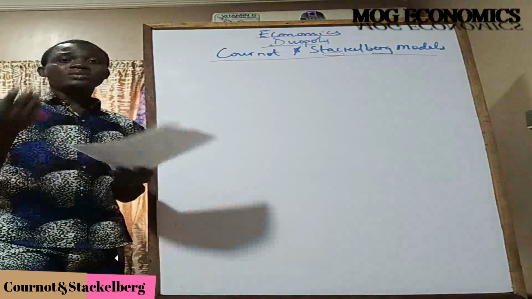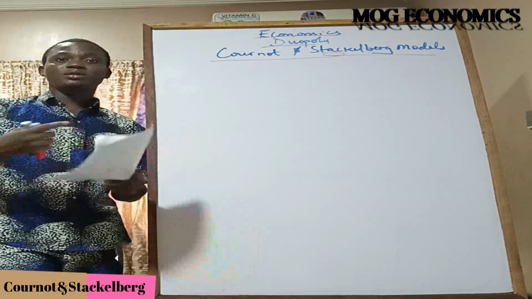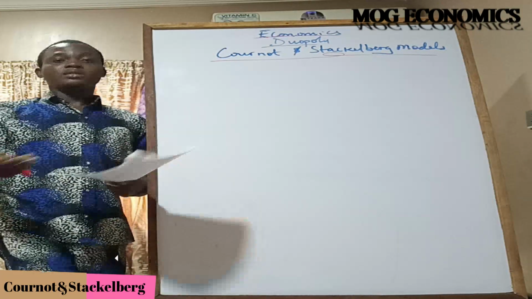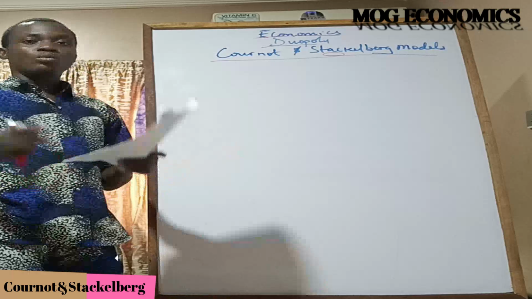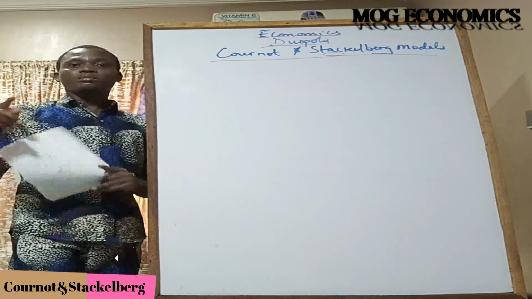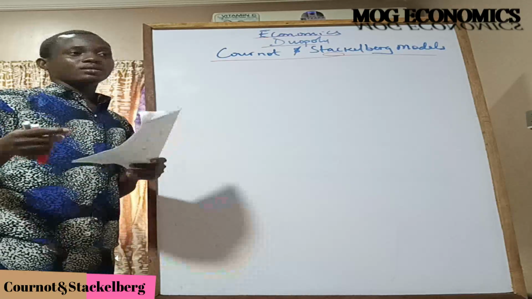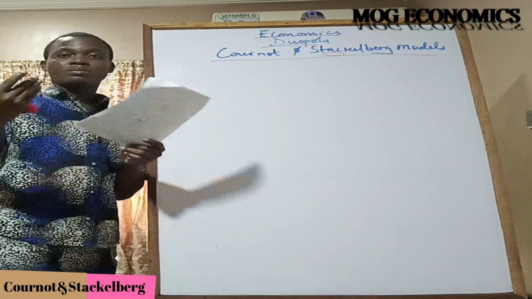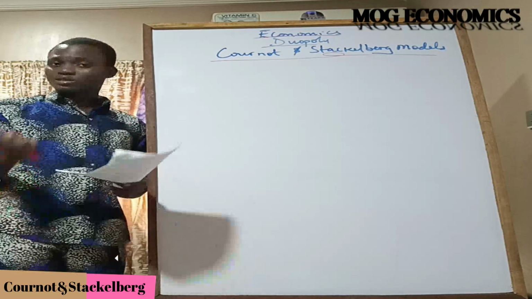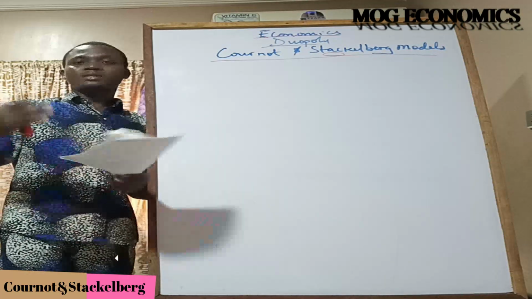So remember that the industry's demand is a function of the output of both firms in a duopoly market structure. The Cournot model says that both firms simultaneously produce a particular quantity of goods and services, not the same, but it is a simultaneous decision.